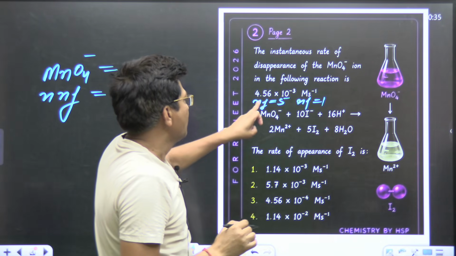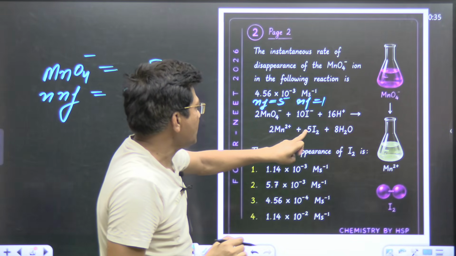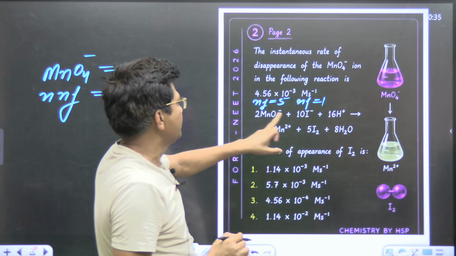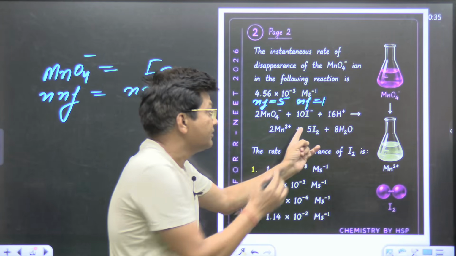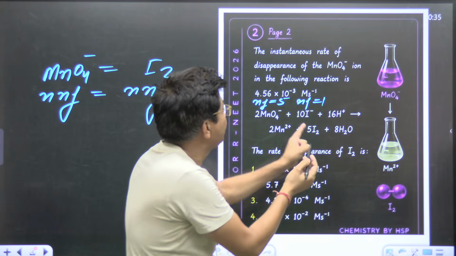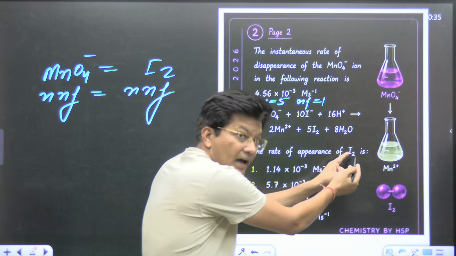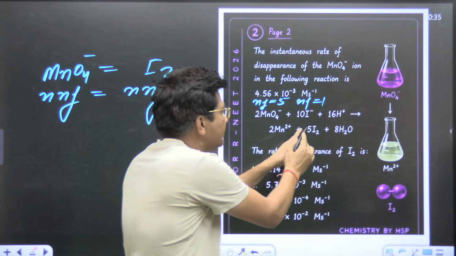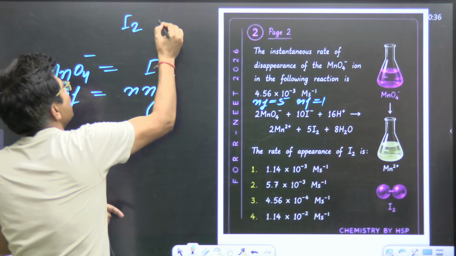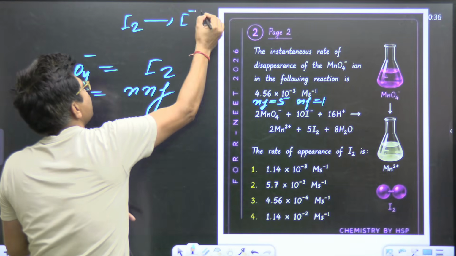So if this is 5, then that should be how much? But this is the n factor of I negative, and we are supposed to calculate that of I2 because in the question they have given I2. So that will not work. Let's calculate the n factor of I2. I2 is changing into I negative.